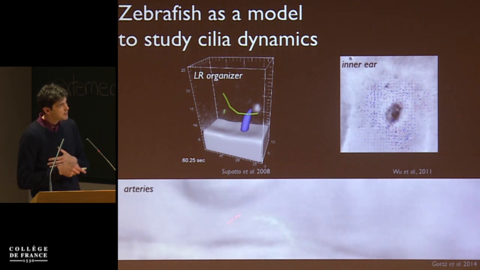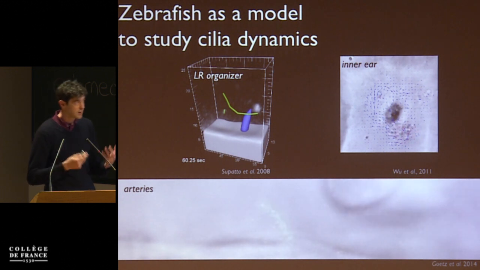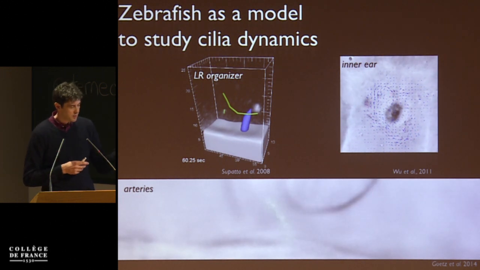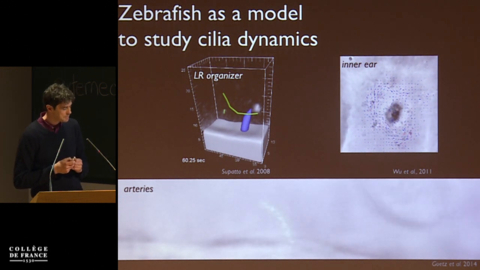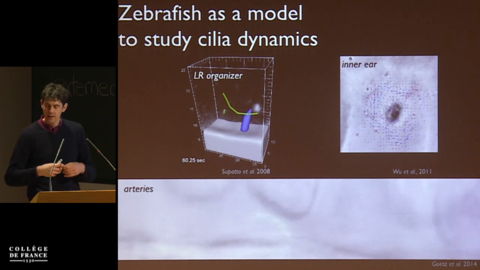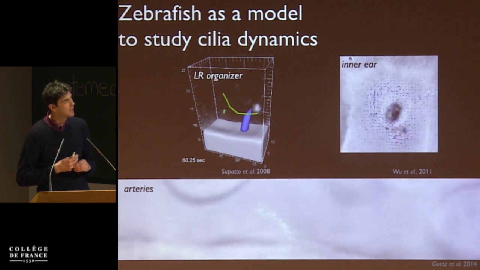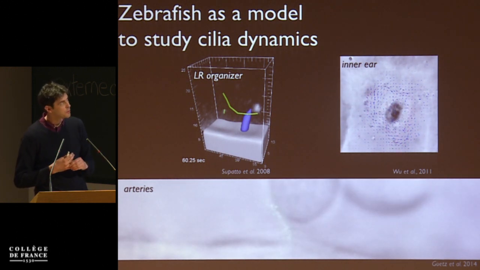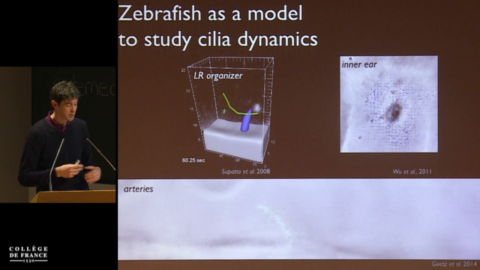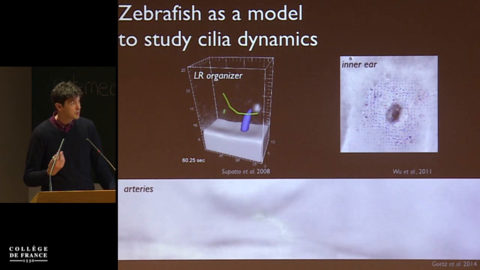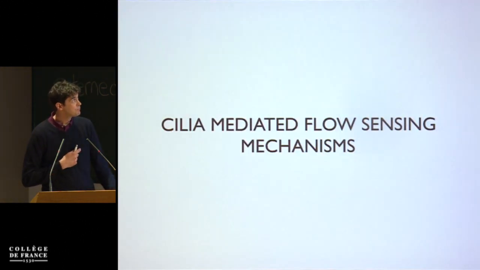We actually think that these cilia are sensing the forces at these early stages of vascular development. But overall, there is easy access due to the transparency of the fish for live imaging, which is great for measuring forces in vivo.